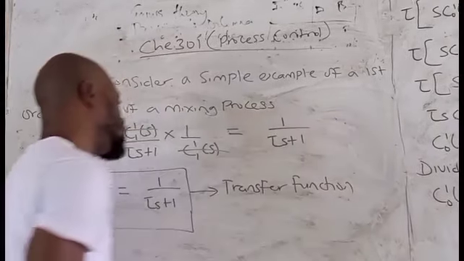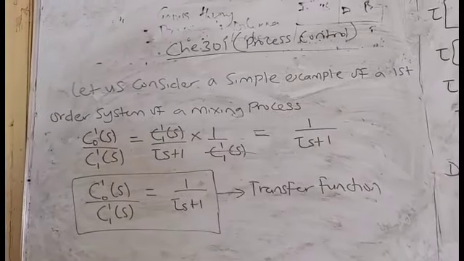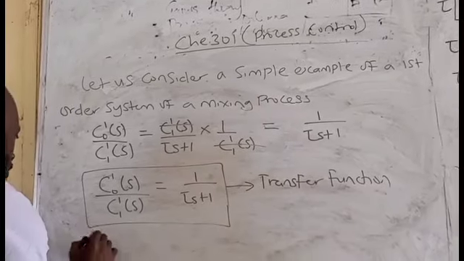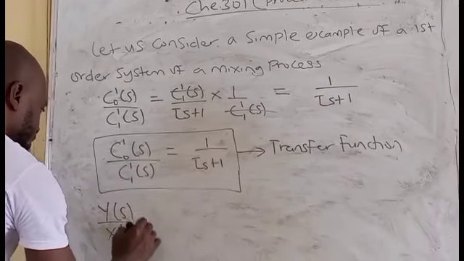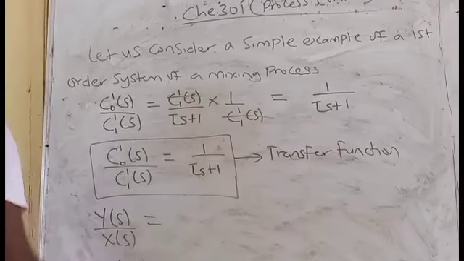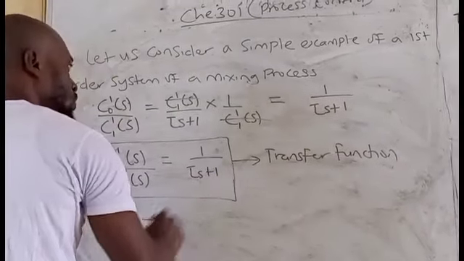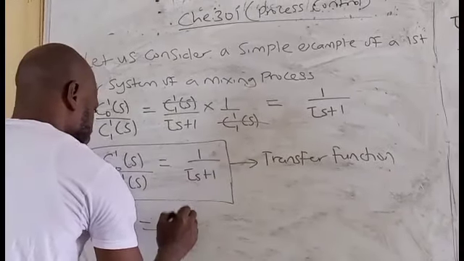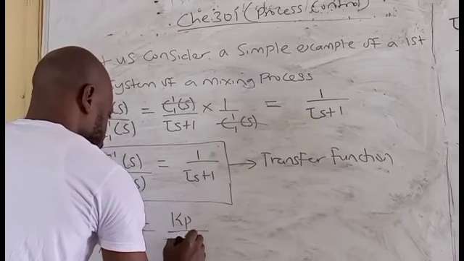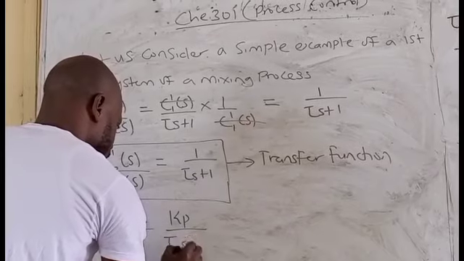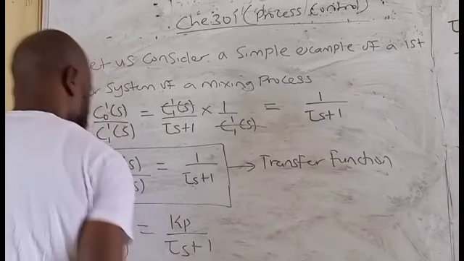This transfer function is equivalent to Y(s) over X(s), which gives you Kp over tau p s plus 1.